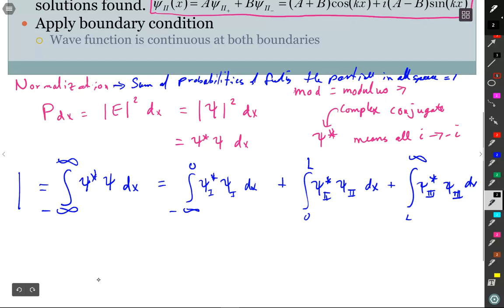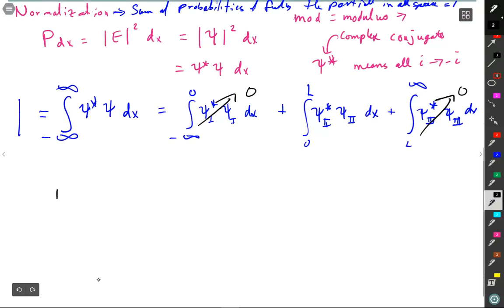Now we can simplify this. Because what is psi 1? So that's 0. What is psi 3? So we have a simpler integral. 1 is equal to the integral from 0 to L of psi 2 mod squared psi 2 dx.